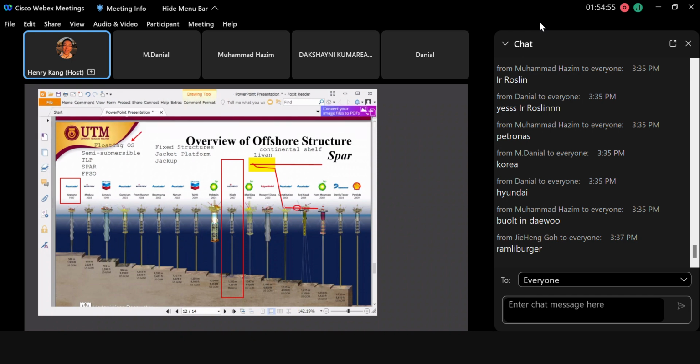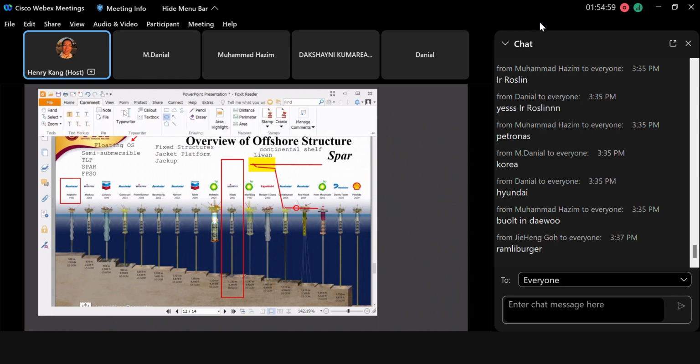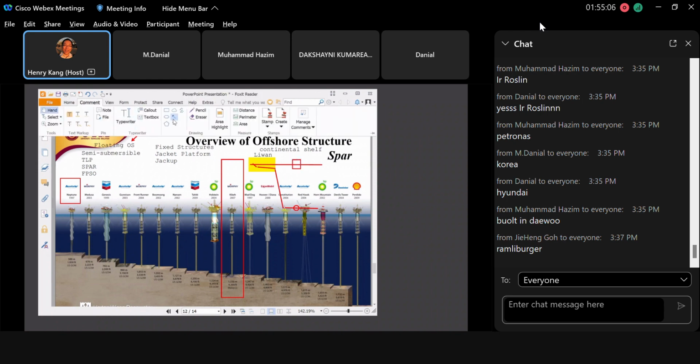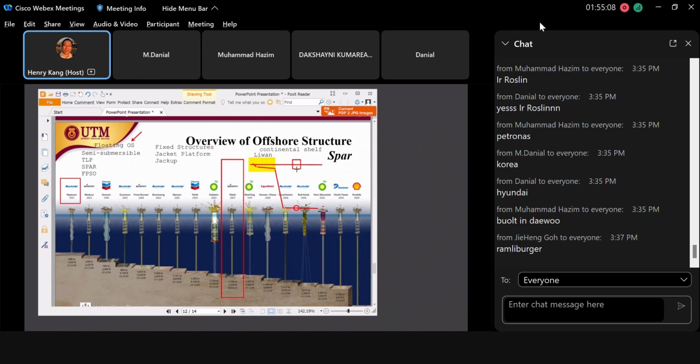So when I studied the traditional approach, my teacher taught me this is the best combination. That means I try to build a platform, because the water depth is already maybe more than 1,000 meters.